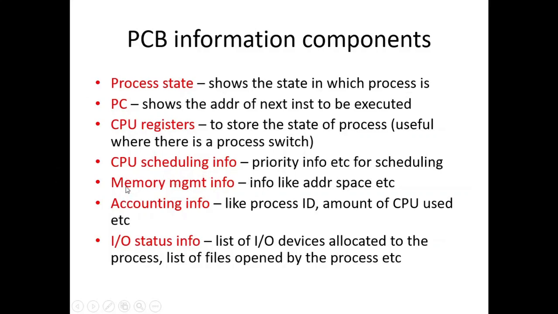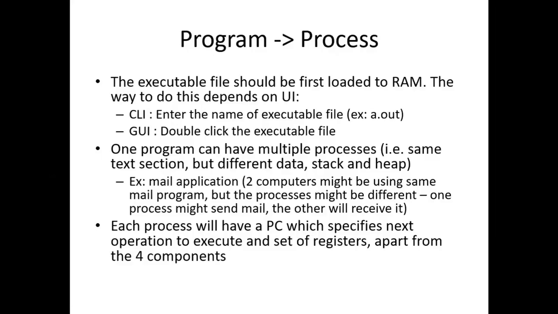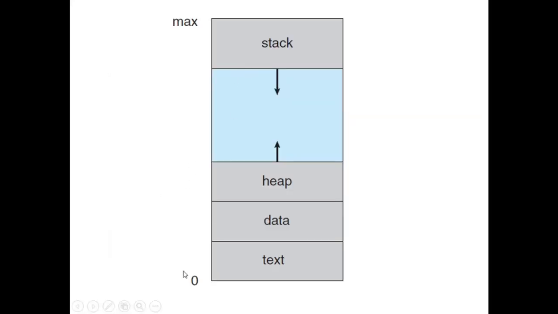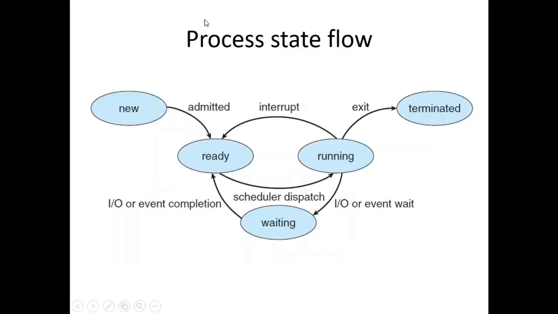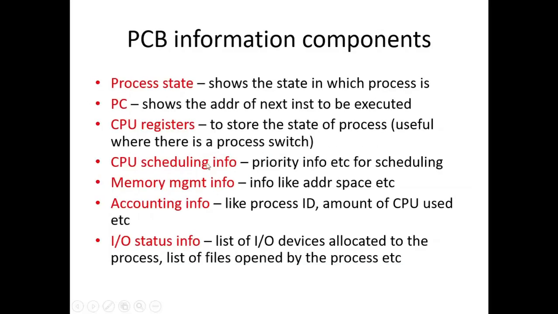Apart from that, we also have memory management information, like the address space for every process, as we've already seen. In this diagram, we've shown that there is an address space related to every process. That information is also given by this PCB. We also have accounting information, which gives details like the process ID and the amount of CPU used by the process.